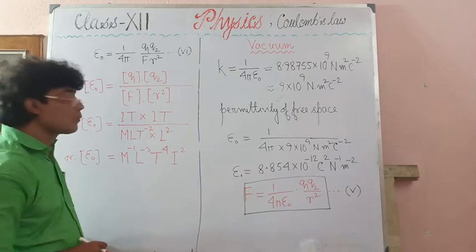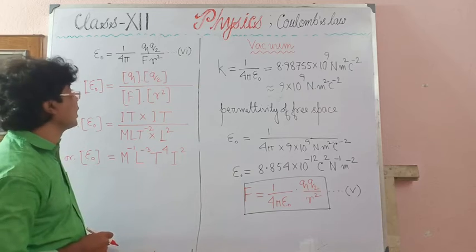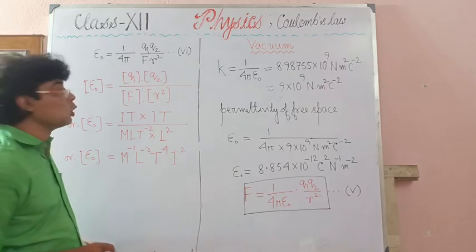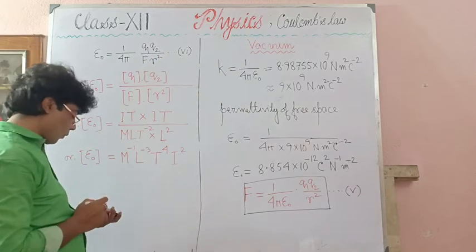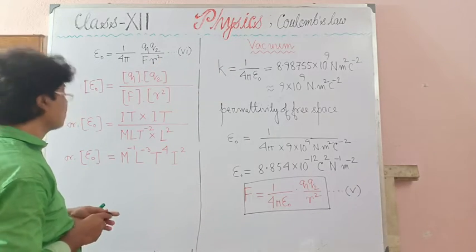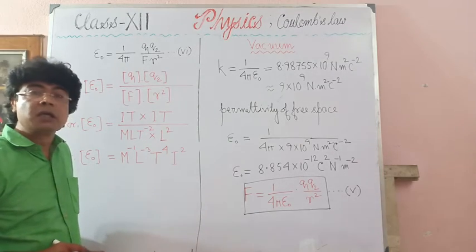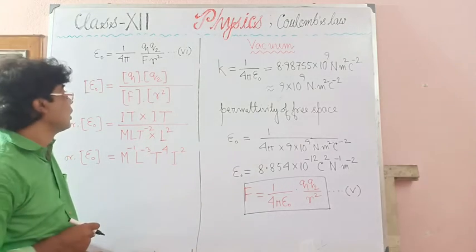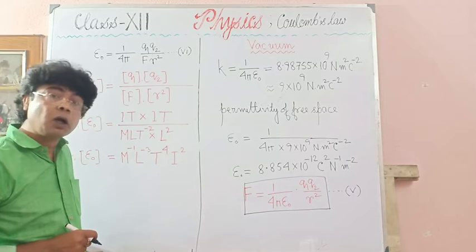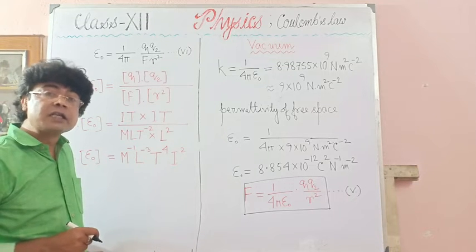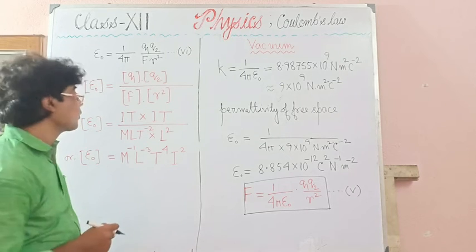Now, we can also derive the units of epsilon 0 using these equations. We know that the SI unit of charge is Coulomb, the SI unit of force is Newton, and the SI unit of distance is meter.